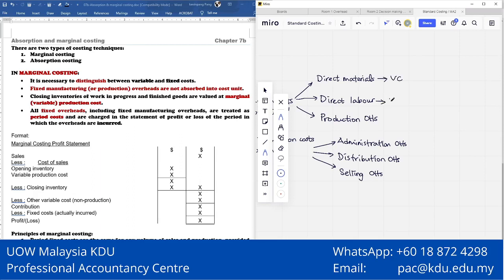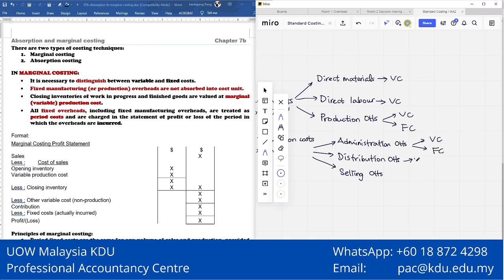Direct labor is also a variable cost. The more units we make, the more labor costs we have to pay to our production workers. For all the indirect costs that happen in the factory, we have both behaviors: variable production overhead and fixed production overhead. Administration, distribution, selling, we have both: the variable type and the fixed type.